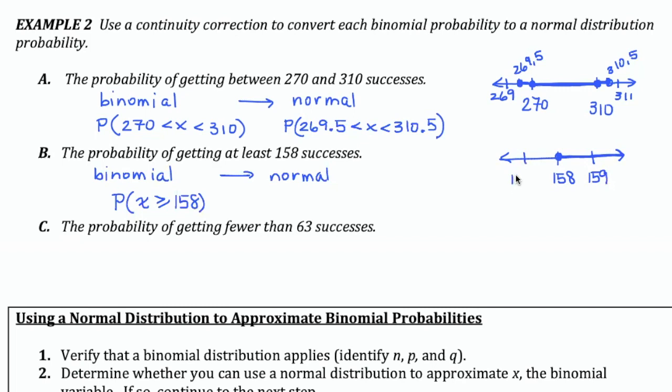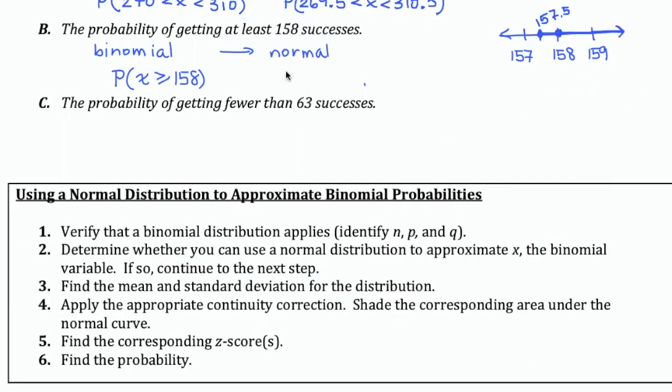But I also want to stop and consider, since this is now going to be a continuous distribution, anything from 157.5 up is going to round to 158. So my normal distribution probability should be the probability that x is bigger than 157.5.